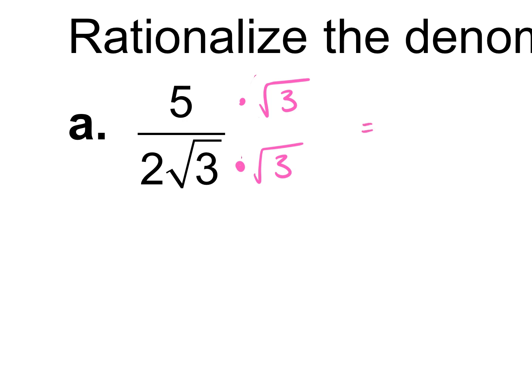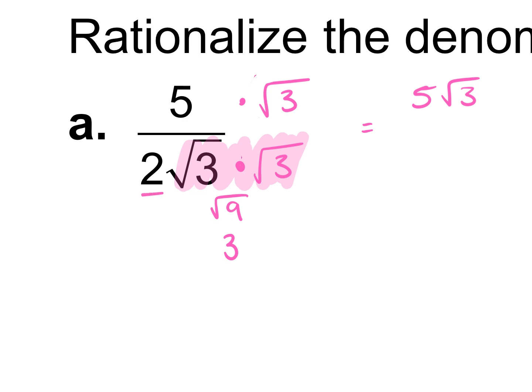Now on top, we can't combine these together because 5 doesn't have a square root, so I'm just going to leave it as 5 square root 3. On the bottom, I can combine the square root 3's together. What's square root 3 times square root 3? It would be 3. It is the square root of 9. What's the square root of 9? 3.